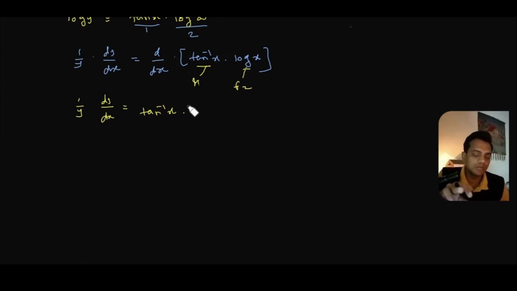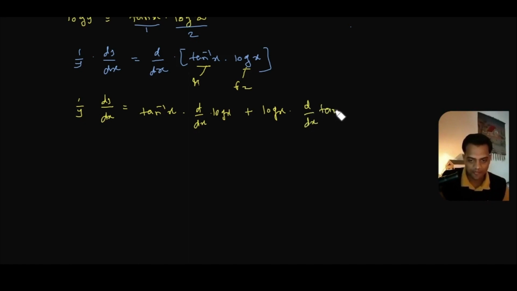The second function is log of x, and its derivative is 1 upon x. So it is tan inverse of x into derivative of log of x, which is 1 upon x, plus the second function as it is, log of x, into the derivative of the first function, d dx of tan inverse of x.